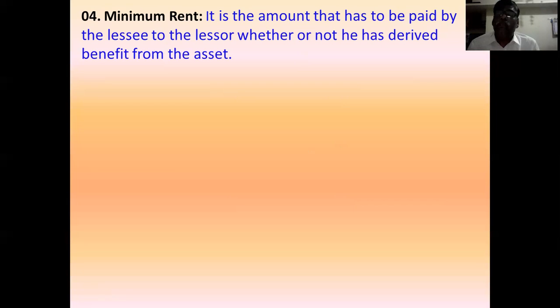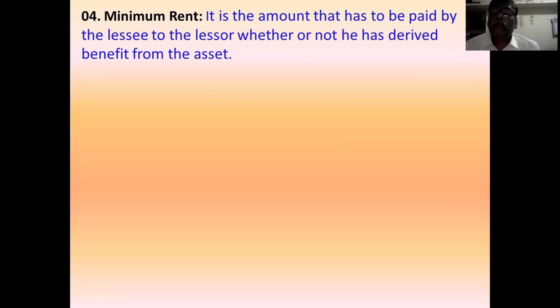To avoid this, at the time of agreement, the lessor and lessee come to a decision regarding what will be the minimum rent for the asset if the lessee does not derive benefit to the normal level.